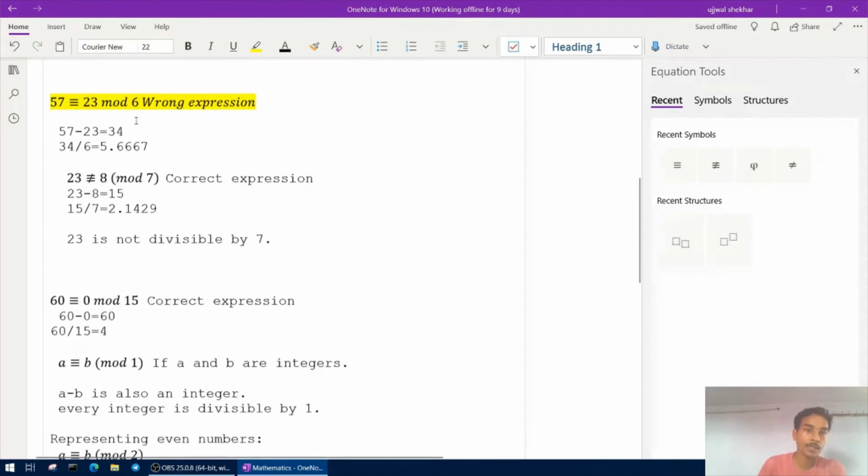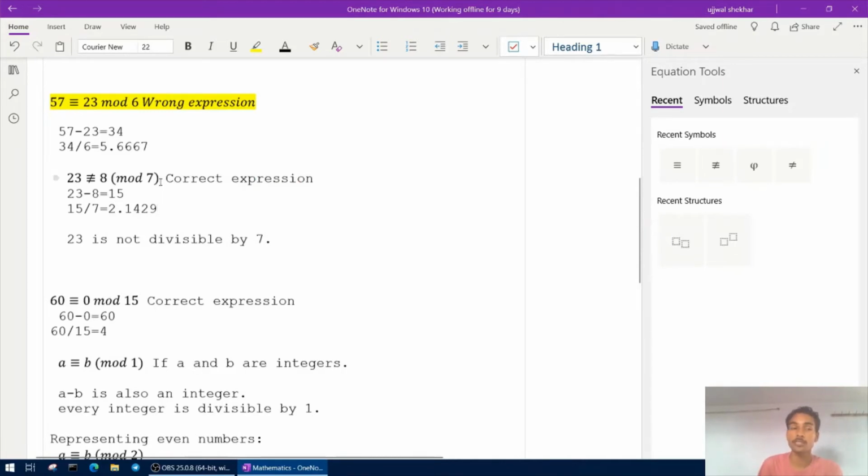To make it a correct expression, either you will have to select a b which gives you a whole number, or you can also use this symbol, which is called incongruent to. For this example, we have a as 23, b as 8, and 7 as n. After subtracting I am getting 15, and after division this is not a whole number, so it is incongruent to.